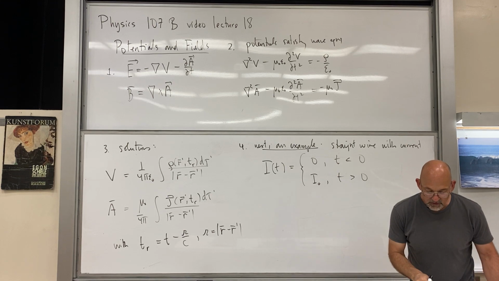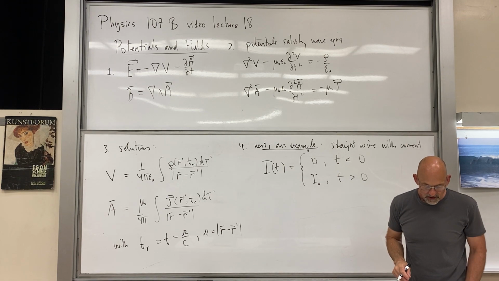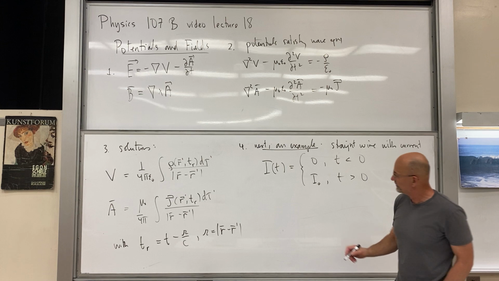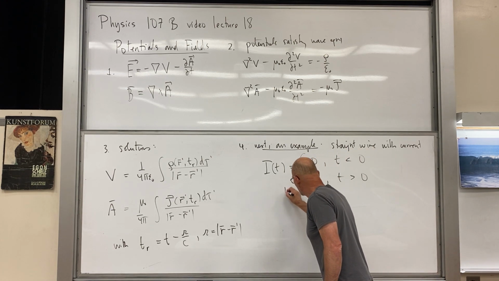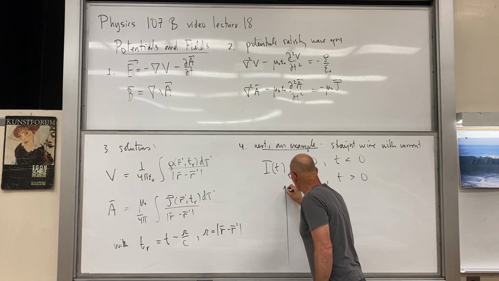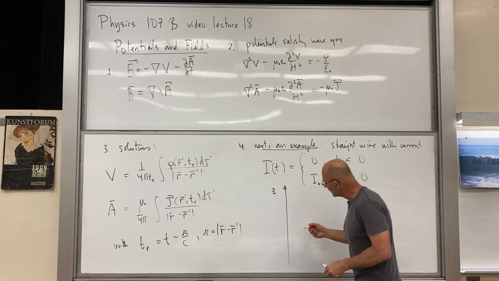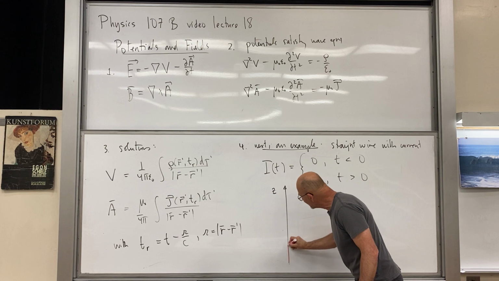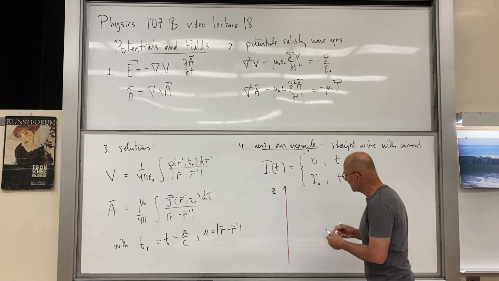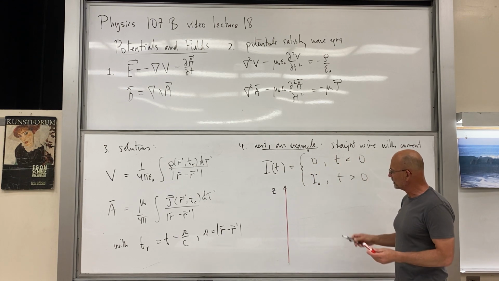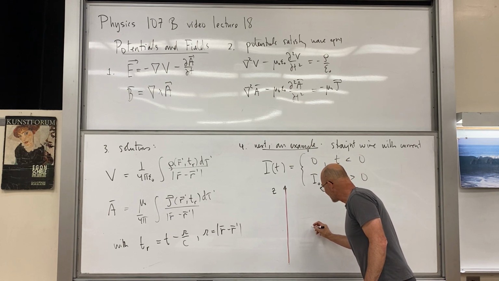I'll draw my picture right here. We're going to be along a z-axis. The current, we'll make it red, is going to be right along the z-axis. Just a linear current. And we'll take some point here.